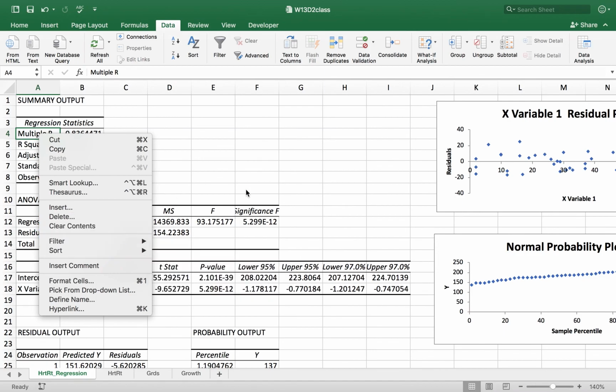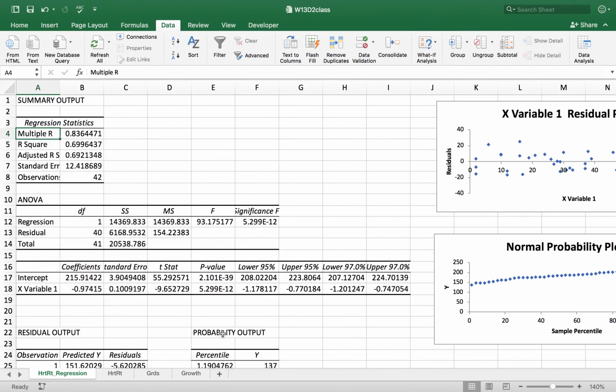And the goal here is that once you have one of these regression analysis outputs all marked up, if you do this 2 or 3 more times, you'll really get a feel for what you need to pay attention to and what you can primarily ignore when you're looking at your regression analysis for this class.